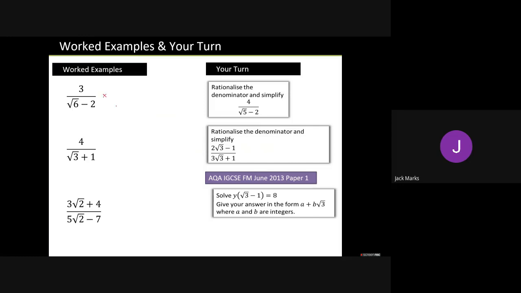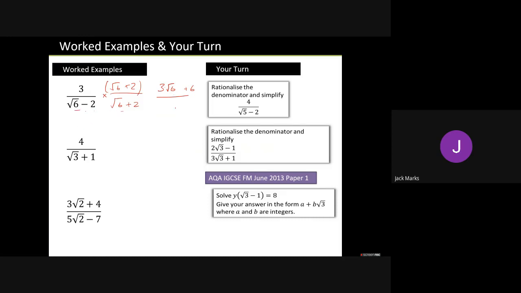So here, we multiply by root 6 plus 2, top and bottom. So I will get, at the top, 3 root 6 plus 6. And the denominator, well, that will give me 6.